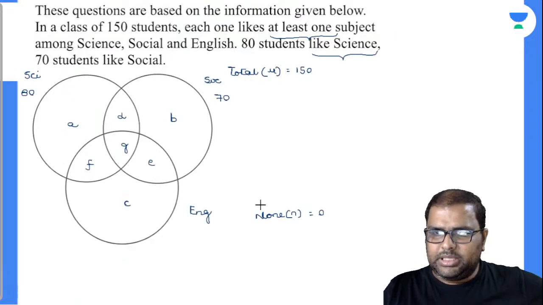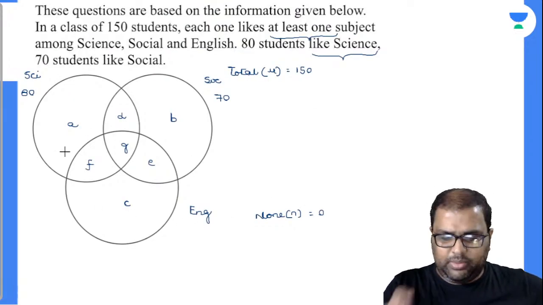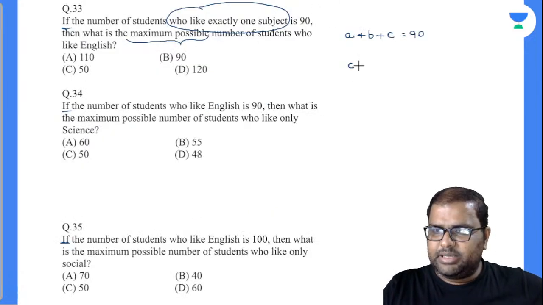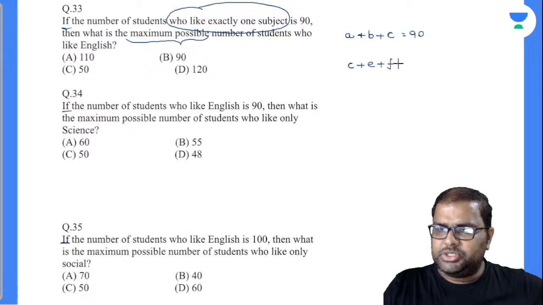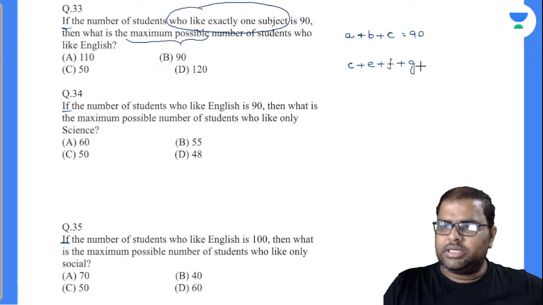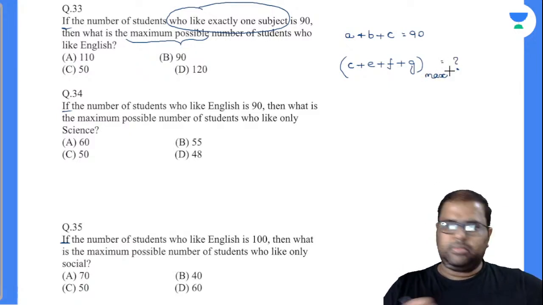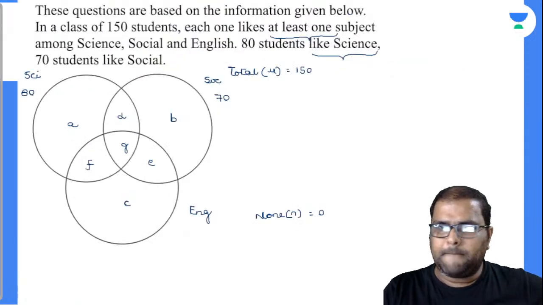So English means you are asked to find the English circle value: C plus E plus G plus F. C plus E plus F plus G. This is the question asked and you are asked to find the maximum value there. Let's come back.